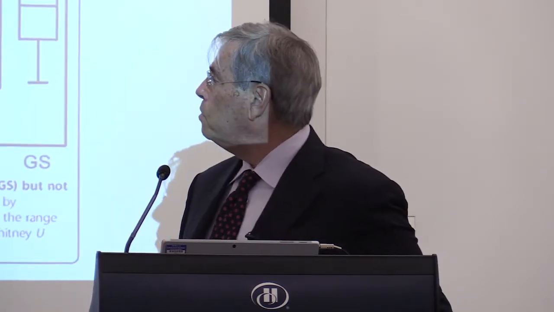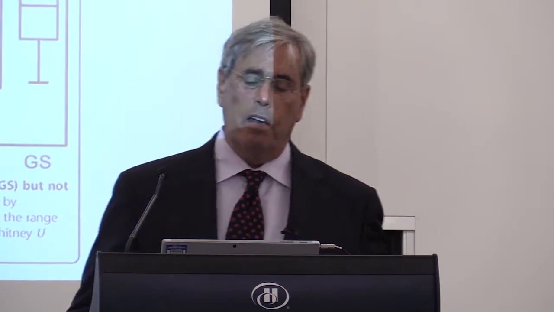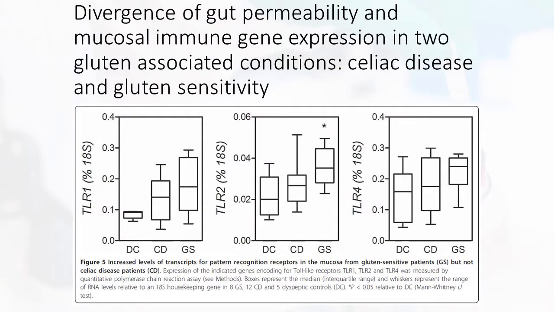So there's a distinction in the nomenclature where someone doesn't have the haplotypes to develop celiac, but they feel better when they go off gluten. We call that gluten sensitivity. And in trying to figure out what causes gluten sensitivity and what causes celiac, came up with some interesting findings. The findings were that the gluten sensitivity condition is mediated by the innate immune system. And I'm not going to get into this too much right now, because I'll get into a little bit.